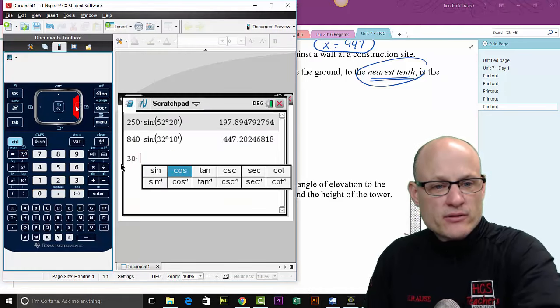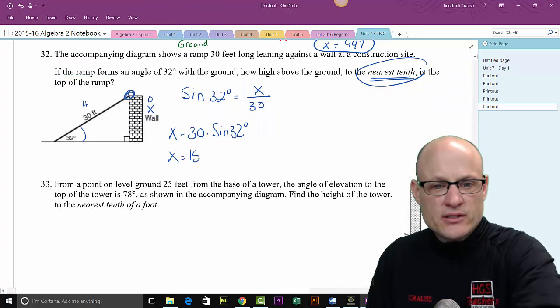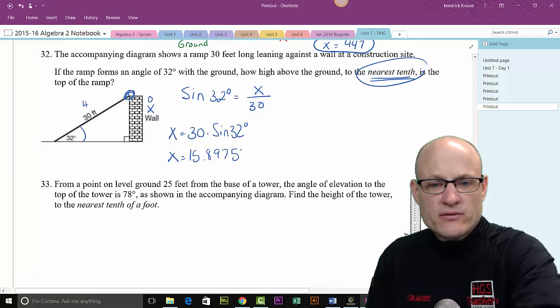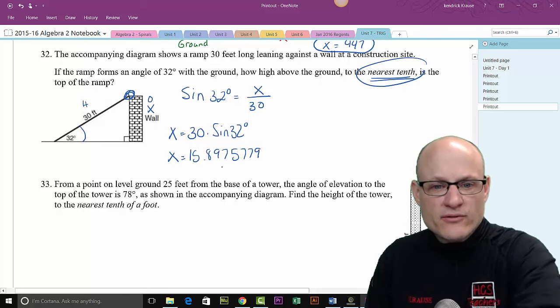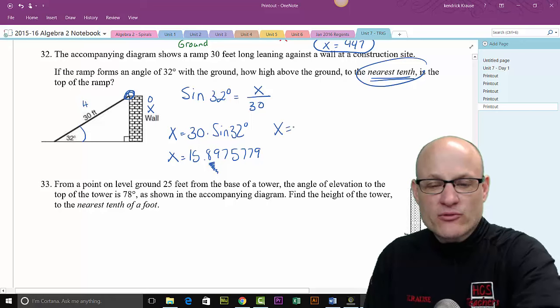Sine of 32. So 15.897, 5779, close enough. To the nearest tenth, x equals 15.9. Ka-chang!